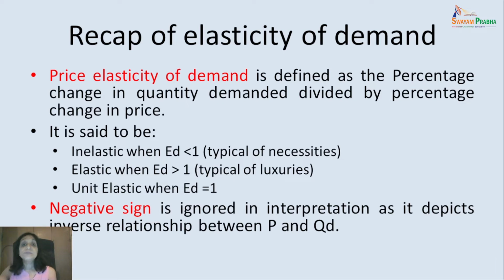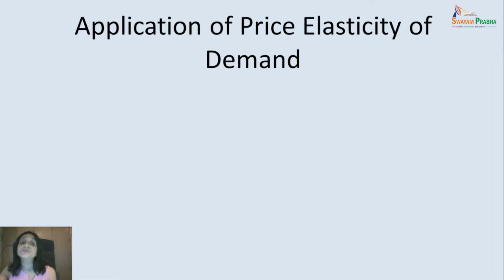So let us now see how this elasticity of demand gets applied in various business or policy decision making. What are the various applications of the concept of price elasticity of demand, or how can it help a businessman or the government when they are designing any policies?